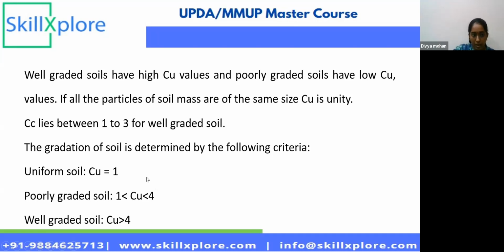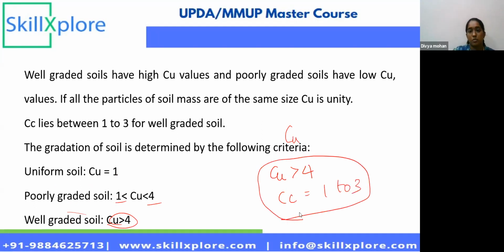When CU is equal to 1, it is uniformly graded soil, and when CU is 1 to 4, it is poorly graded soil. So for well-graded soil, CU should be greater than 4, and CC should be between 1 and 3.